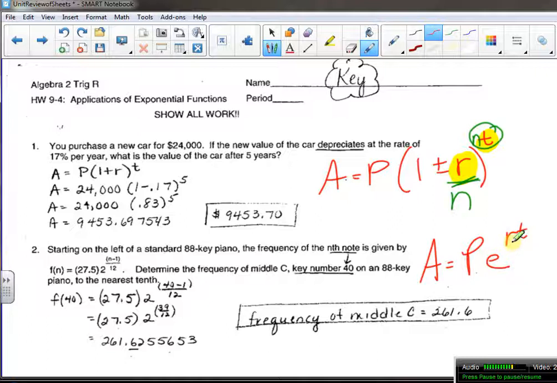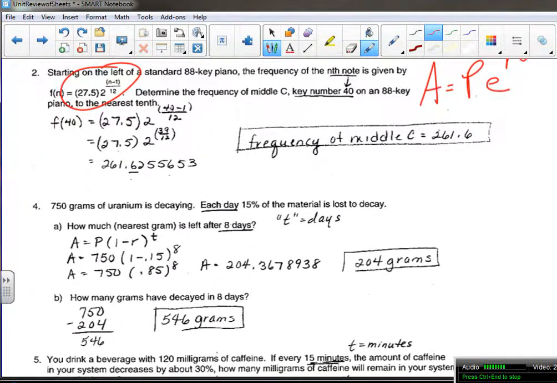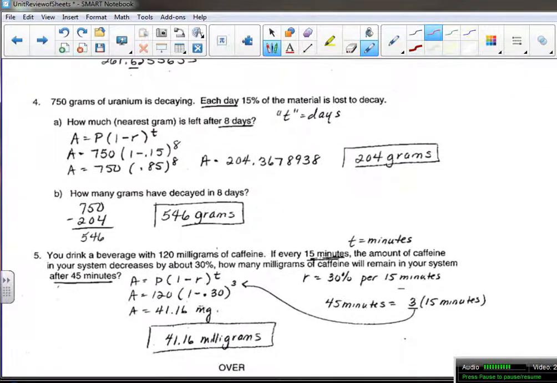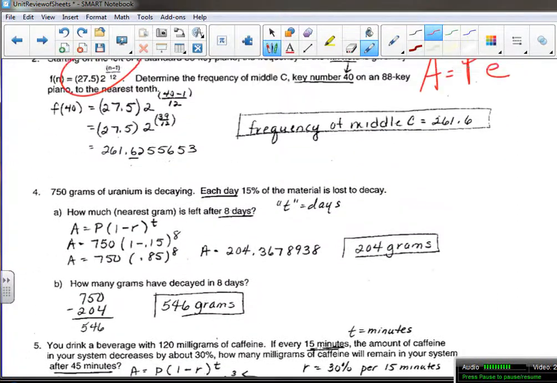That R right here could be a plus indicating growth, or it could be a negative number indicating decay. So if you have to set up your own equation, you'd be using the red. But if you're given an equation, please use it. Here you're given an equation, you'll use the one that's given. You have to create your own on these 2 with the information from the problem, so just read the problem carefully.